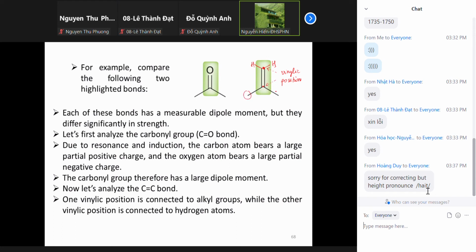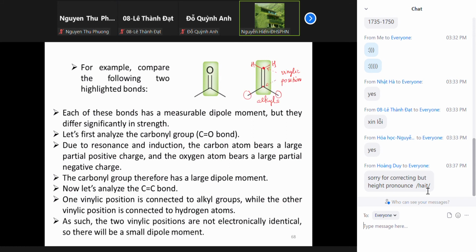This is an alkyl group. And you remember that the CH bond and the CC bond are not polar bonds.